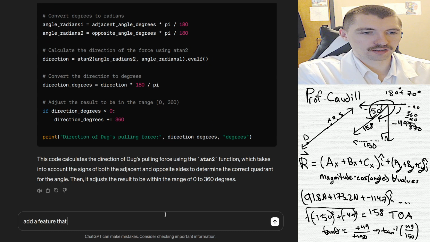Add a feature that calculates the negative angle.